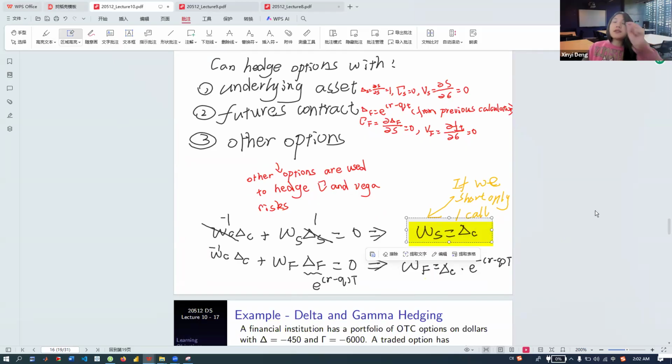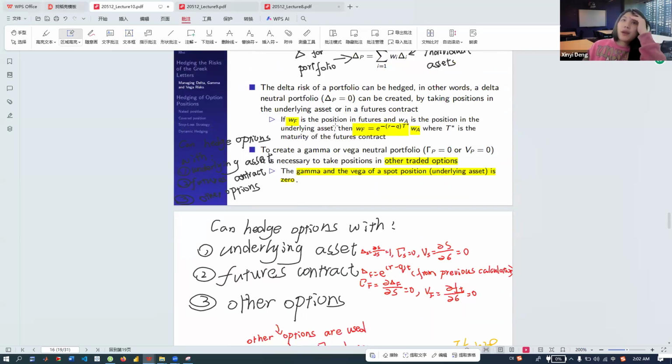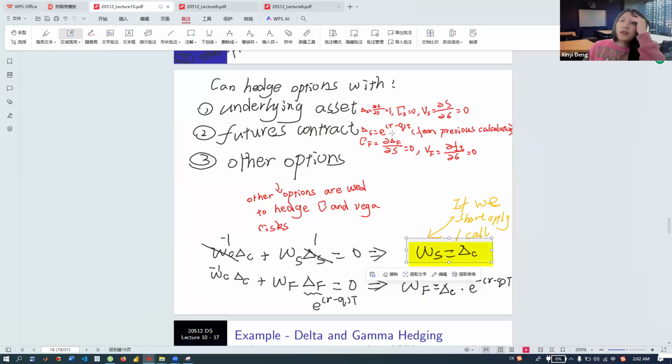So bear in mind that that only holds if we short only one call. It's just purely for the derivation of the equation in the second bullet point.